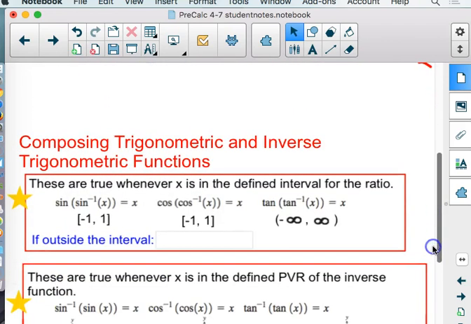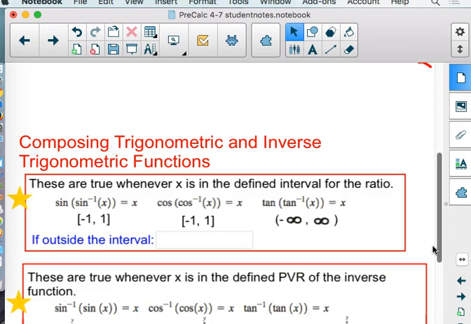So down here, it says, let's talk about composing trigonometric and inverse trigonometric functions. And we look at this and it says, these are true whenever x is defined in the interval for the ratio. Okay, so they tell us to find the inverse sine. The first thing we should do is say, okay, wait a minute, this has to be a number between -1 and 1, because that's what sine and cosine are defined for.